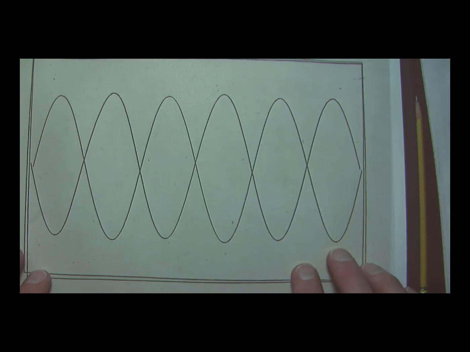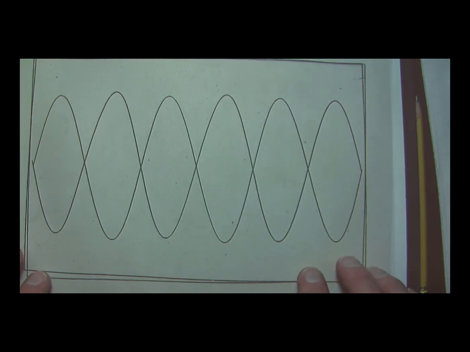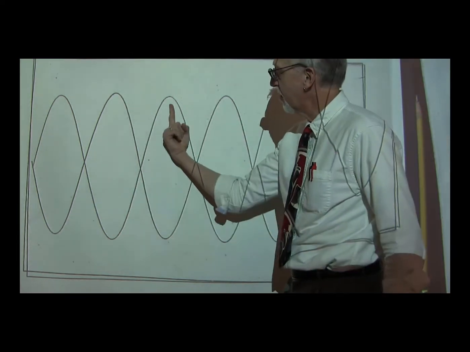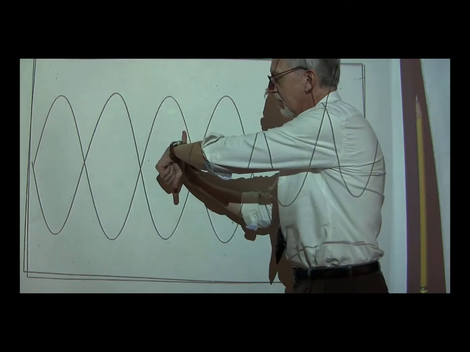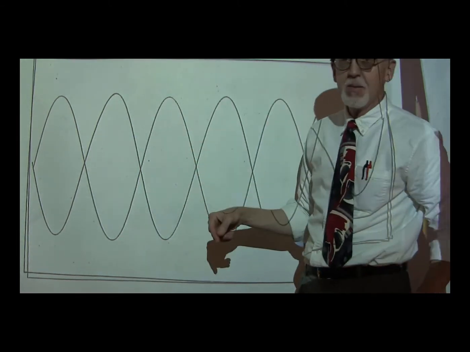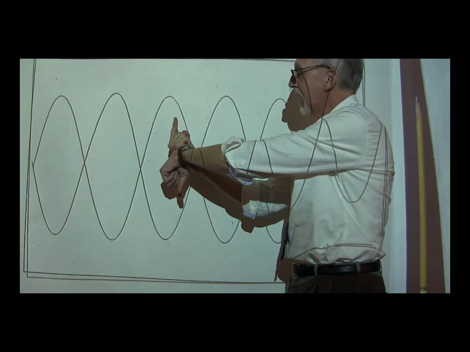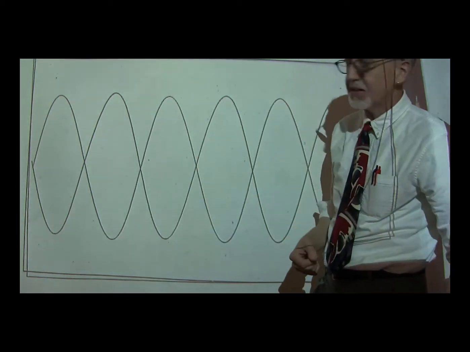Now, when one wave is up, the other wave is down, and when the first wave is down, the other wave is up. So now our vectors are, say, we have a vector up adding to a vector down, and if they have the same amplitude, they will be exactly in opposite directions with the same magnitude. They will exactly cancel each other out.